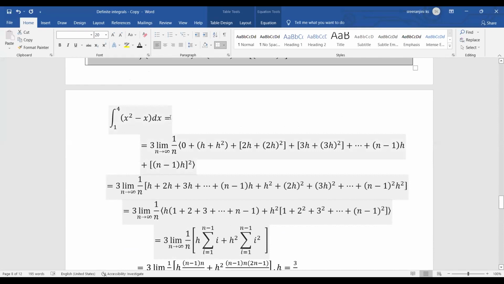Ritesh, the problem is if the method is specified and you are adopting another method, then you will not be awarded marks, even though the answer is correct. Okay, so if there is no restriction, we can use this method. Yes, that's your choice. Even I will not prefer this method because it's very lengthy. But if I'm forced to do it by this method, then there is no other way. That's all. Okay, ma'am. Thank you.